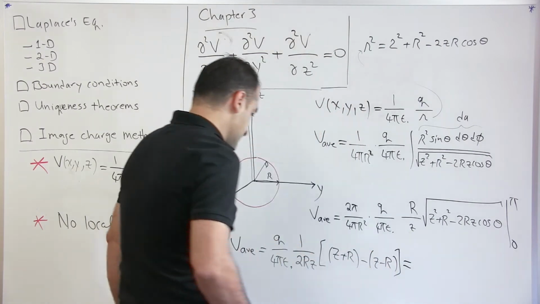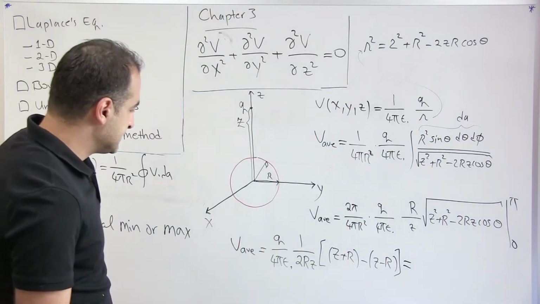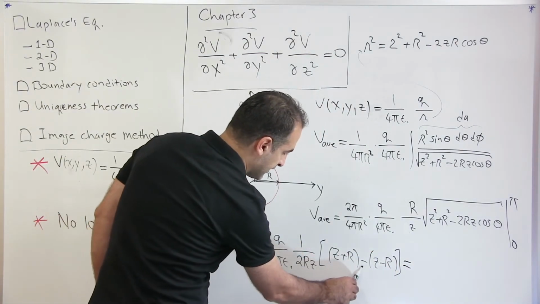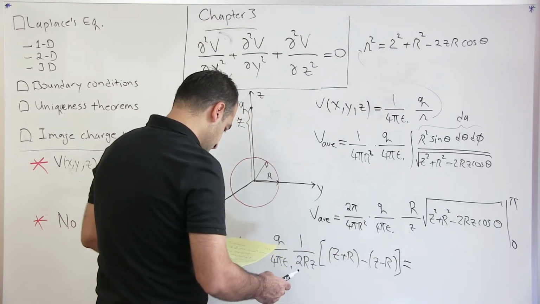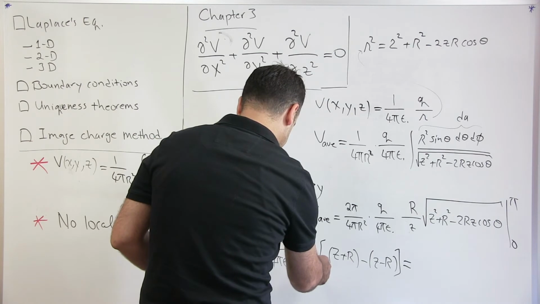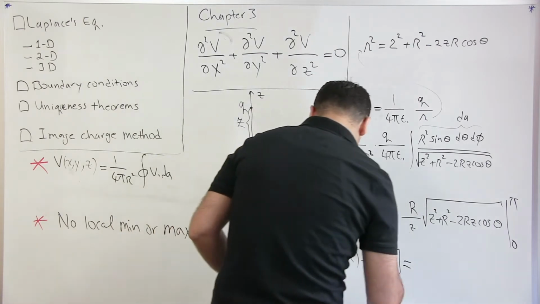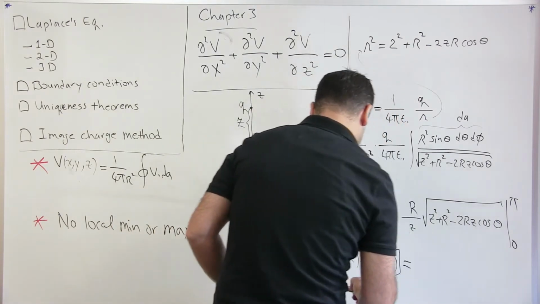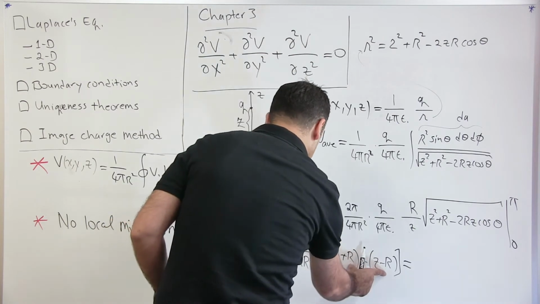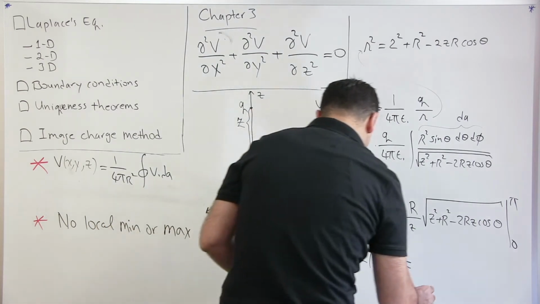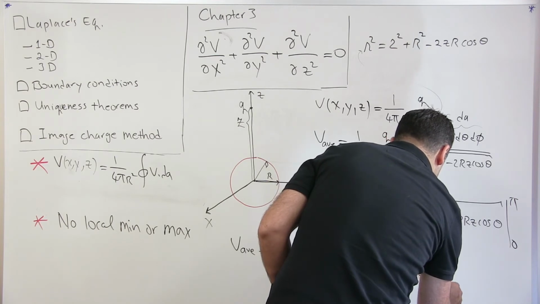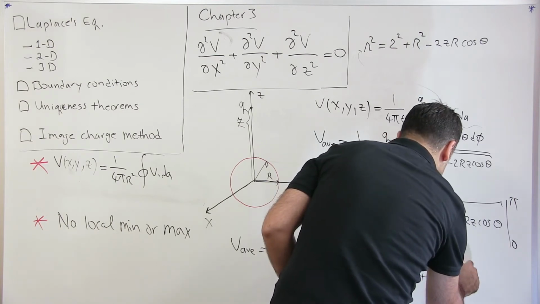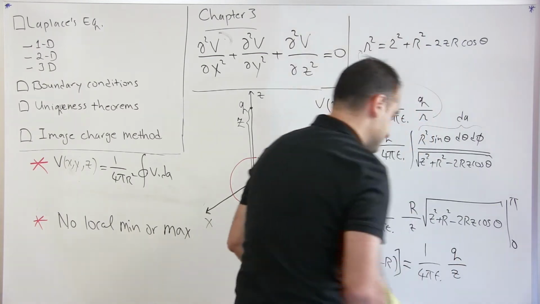Okay. And what we have here is Z plus R minus Z minus R, and Z cancels out. Okay, so we have 1 over Z here, and then we get 2R. The 2R cancels out with this. As a whole, we get 1 over 4 pi epsilon 0 times Q over Z.